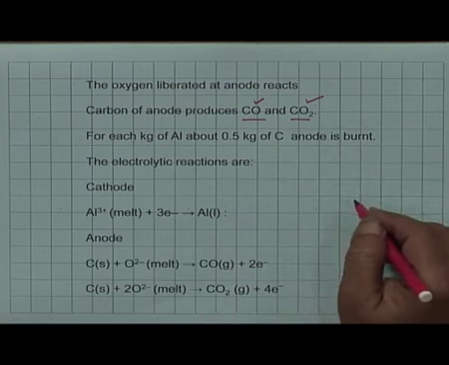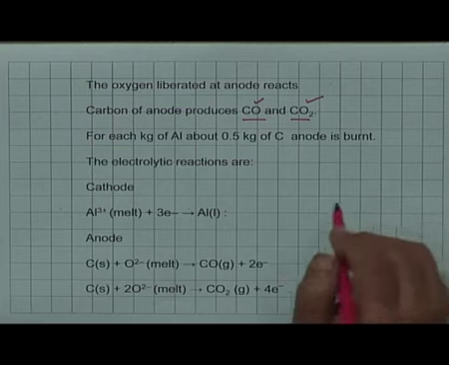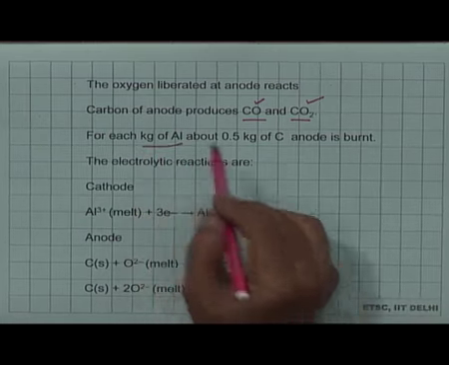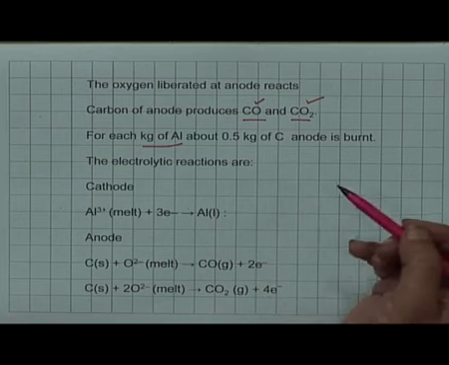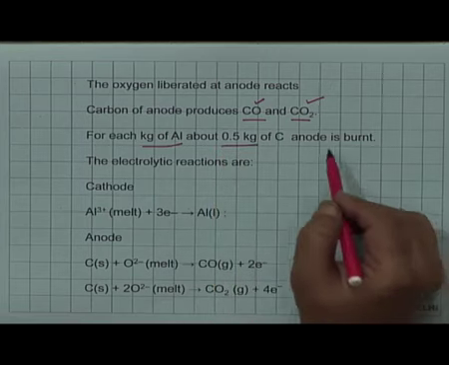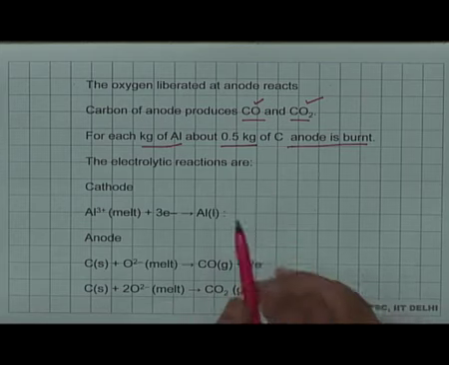The process is based on electrolysis, and if it is calculated, for each kilogram of aluminum which is produced, how much carbon is burnt? It is around 0.5 kilogram of carbon from the anode which is burned for each kilogram of aluminum.